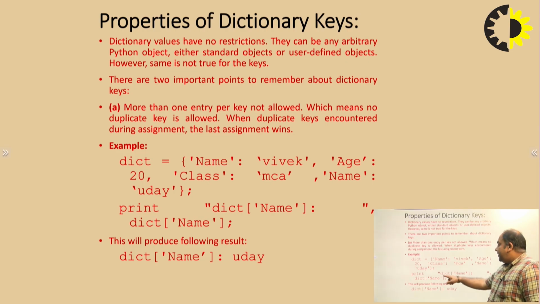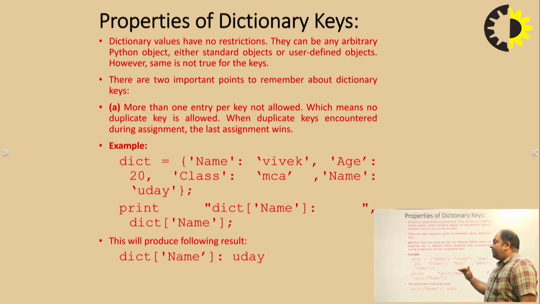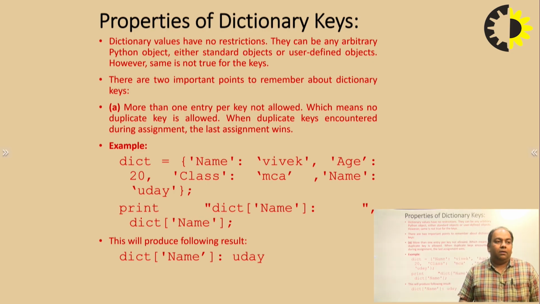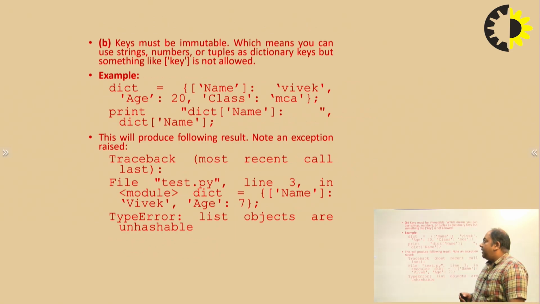If I want to print the name from this dictionary, it will print Uday but not Vivek, because the Uday value will overlap the value of Vivek.